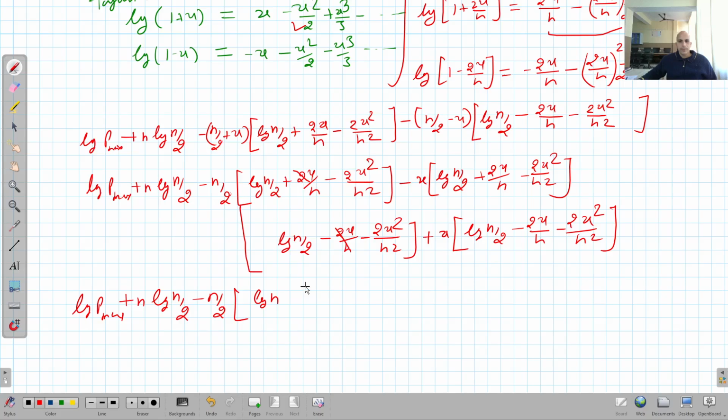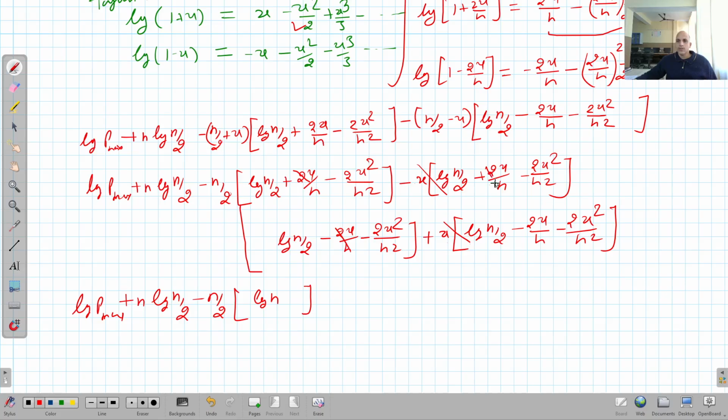Similarly, in this case, when you multiply the x inside this bracket, it will become minus x, it will become plus x, right? Log of n by 2, they will get cancelled out. Similarly, when you multiply it, it will become minus 2x square, right? So it will again get cancelled out, right?